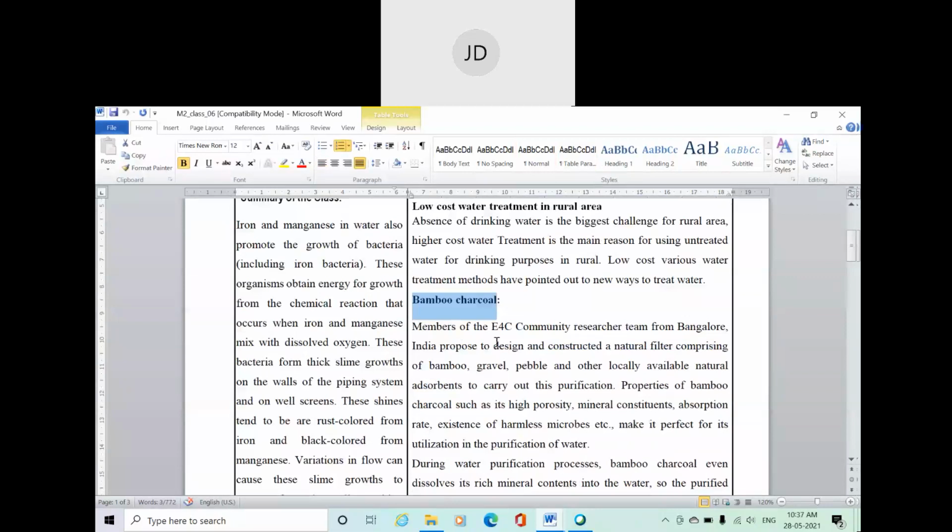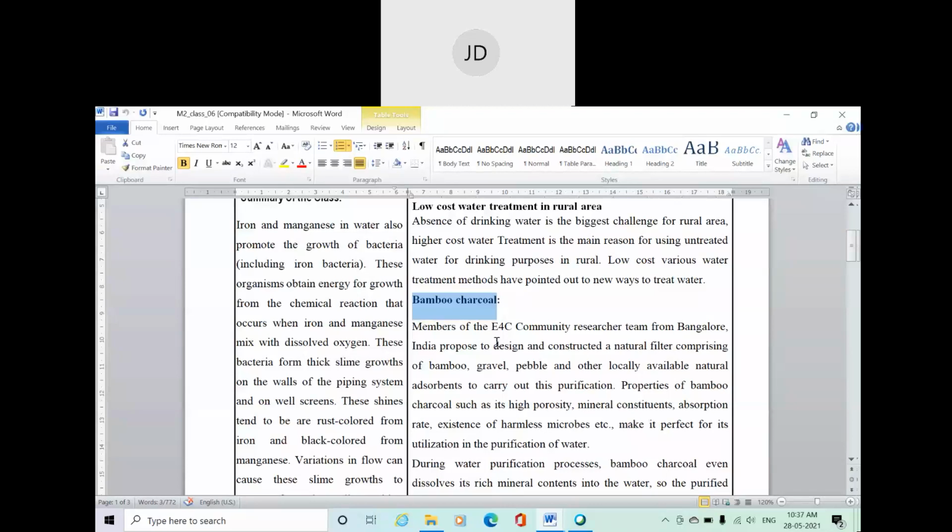You also know that bamboo is rich in minerals, so even the bamboo charcoal contains minerals. When water goes through the bamboo charcoal, the water also carries the minerals from the bamboo. That's how you can enhance the mineral quantity in the purified water.